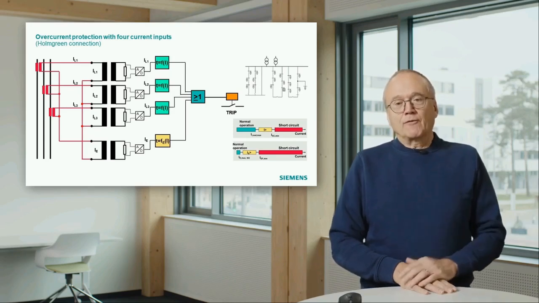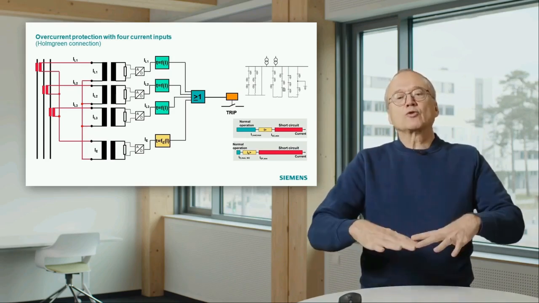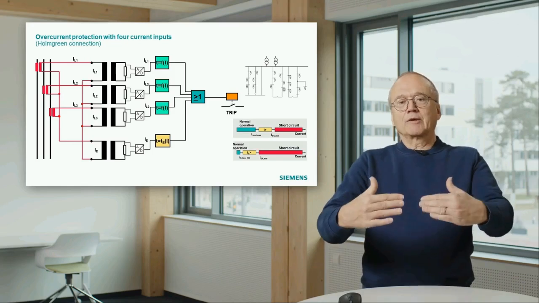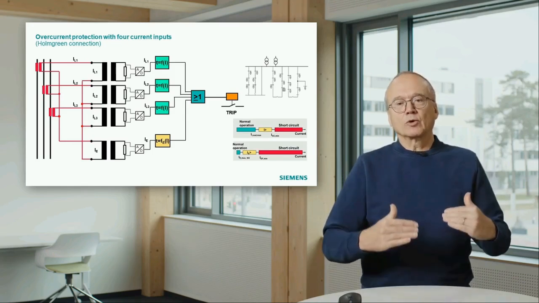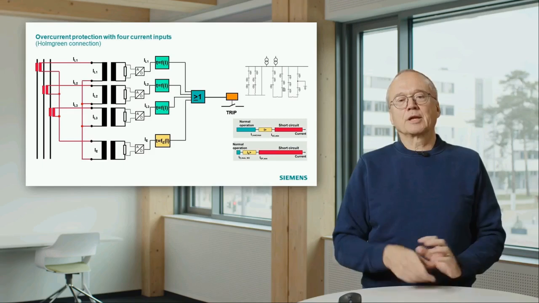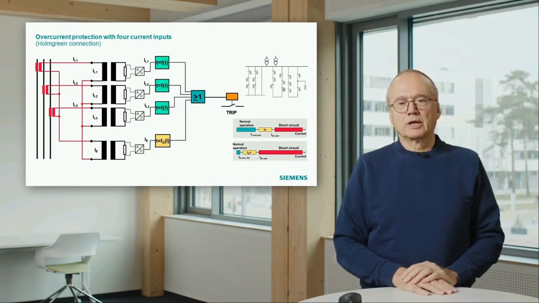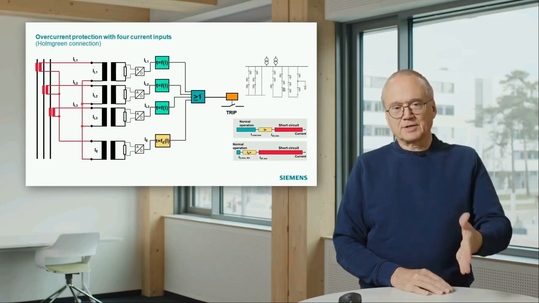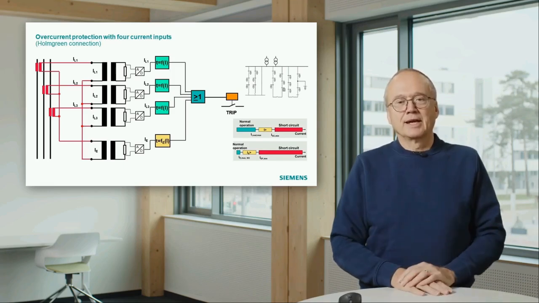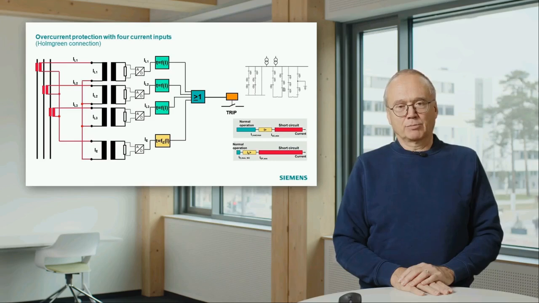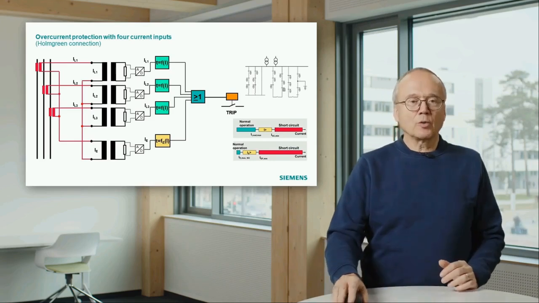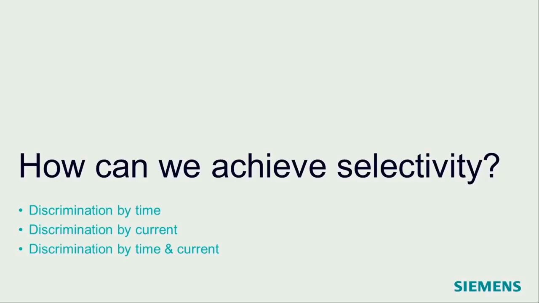You often have one substation where you feed the whole network, and then from this substation you have radial feeders. That means you have no meshes there, because the feeders just end at an open connection point. So now the question is, how can we achieve selectivity in such a system?